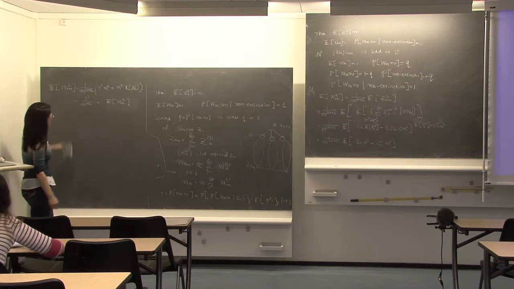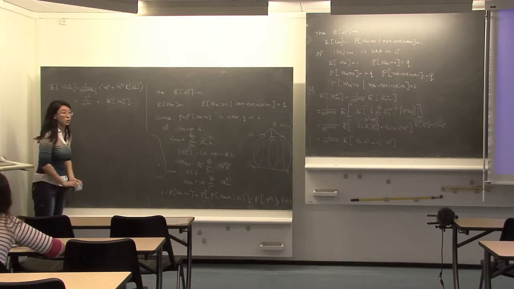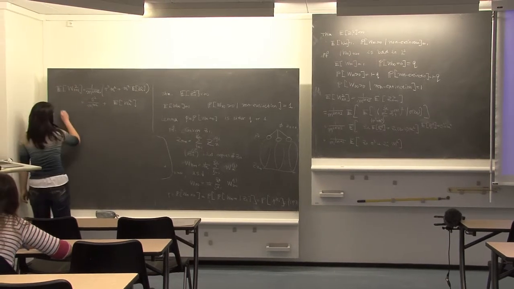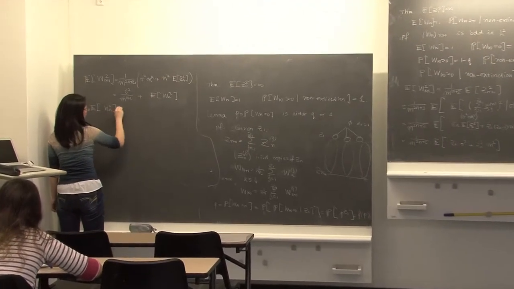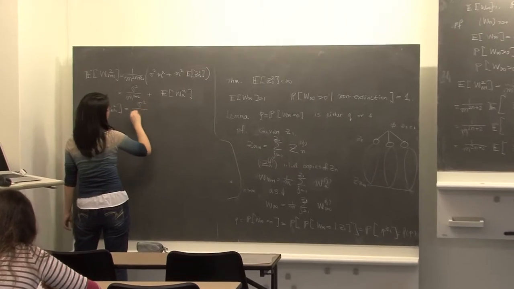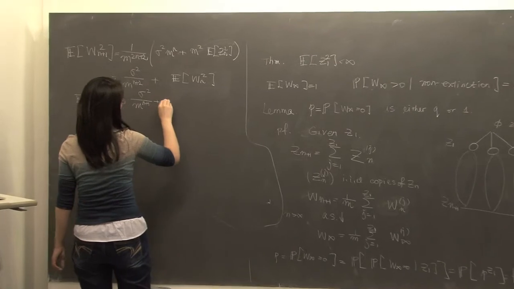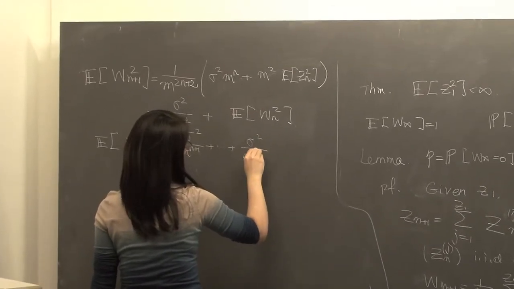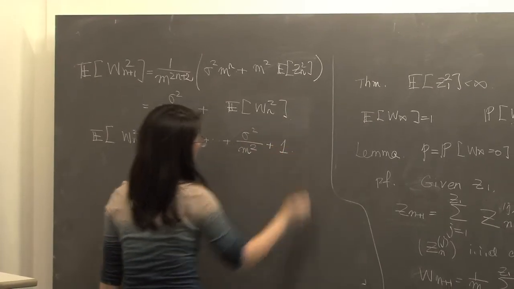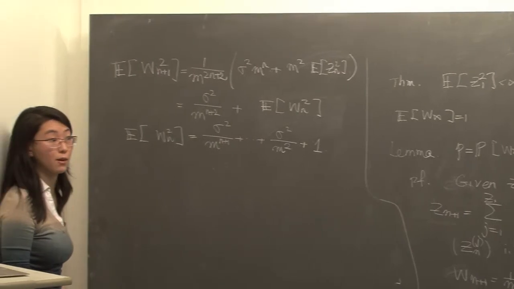And so here we have already seen the difference between n plus 1 and n. So we prove by induction that this is the expectation of Wn squared.